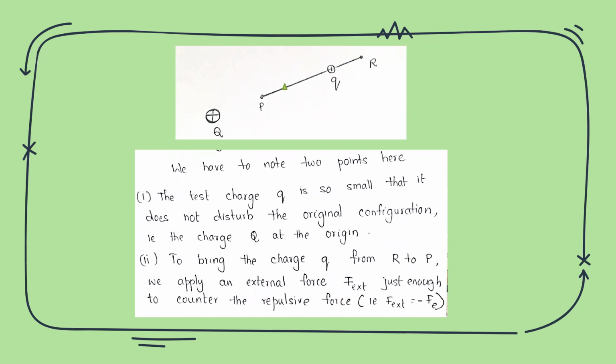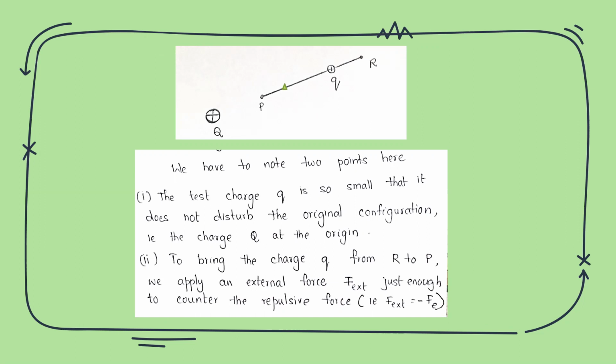Let me give you an example. If you take a big magnet and bring a small iron piece or a nail towards the magnet, the nail will be attracted by the magnet. But the magnet's position will not change because of a small iron nail.